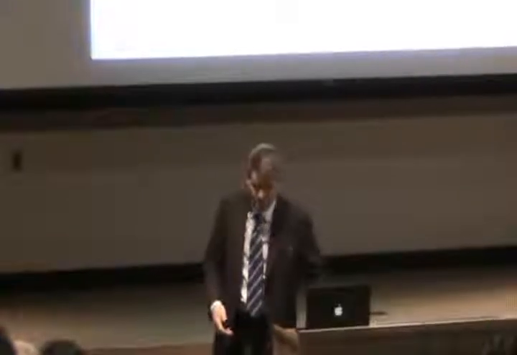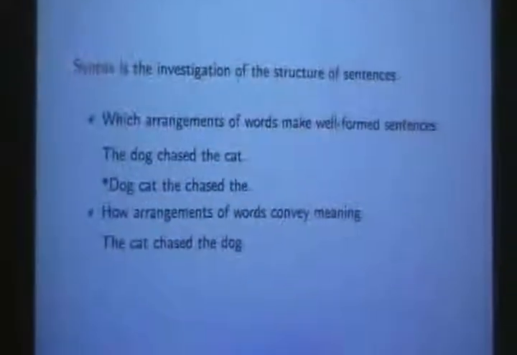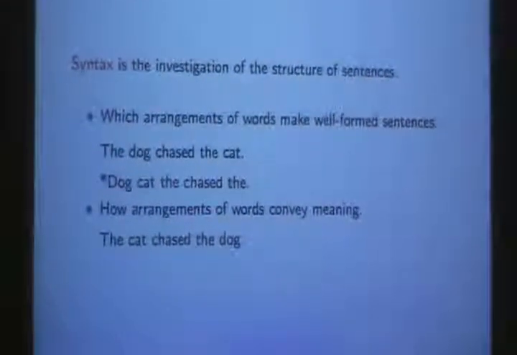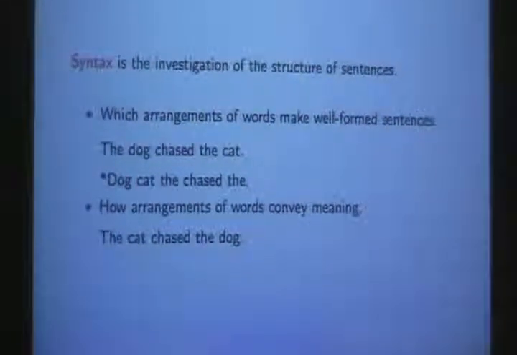That's one thing. And the other thing we need to know is the fact that which arrangements that are possible you use by itself conveys a meaning that the sentence is carrying. And so, for instance, if I take the same words that are arranged here and arrange them this way, the cat chased the dog, it means something different, right?